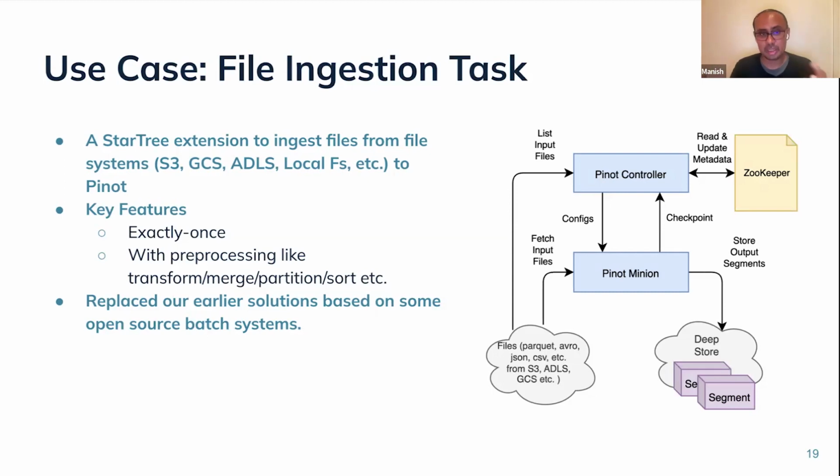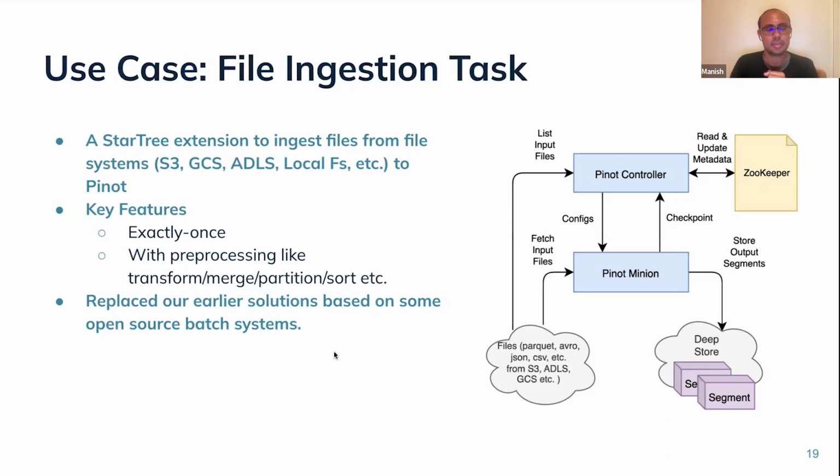And typically, when we create the segments that I spoke about, you will have the configurations of what kind of indexes you want for the segment, whether you want a sorted column or inverted index and so on. All these things are taken care of in this particular task.